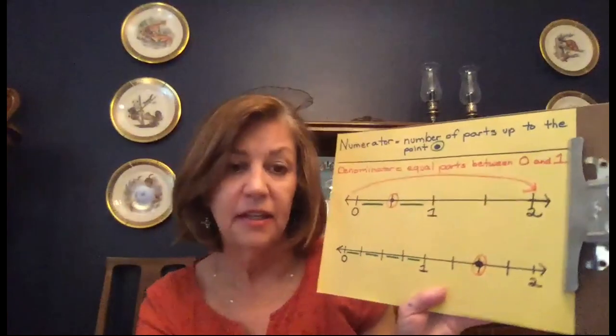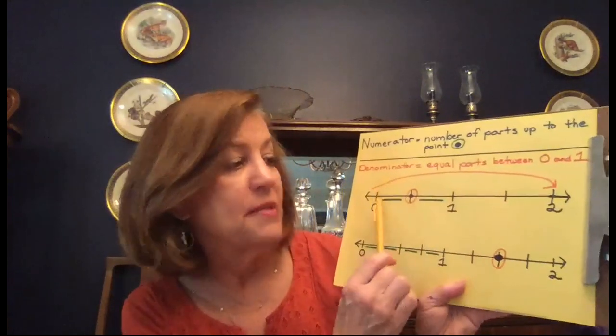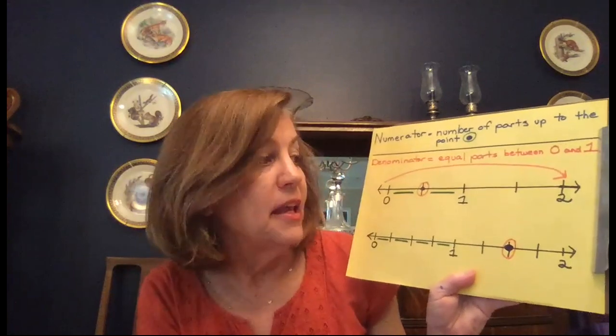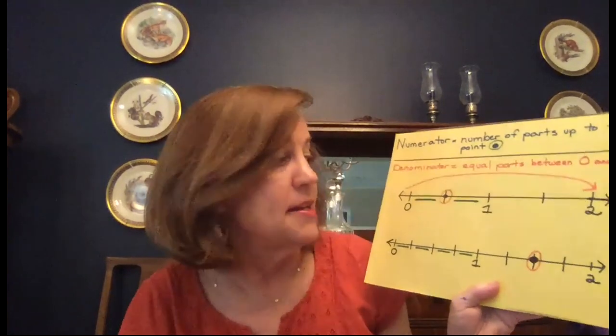Now, before we start our lesson, I want to do a quick review about fractions on a number line and go into it a little bit about fractions that are greater than 1 on a number line. So we're going to look at this right here. Here is a number line that goes from 0 to 1, and we need to determine the numerator and the denominator of this number line.